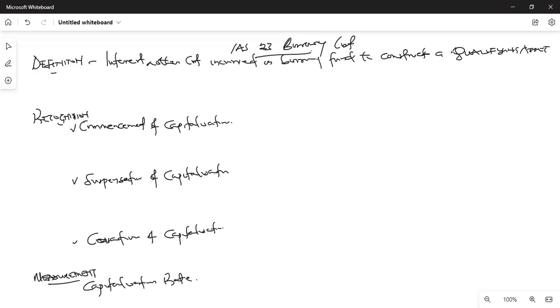What then do we call a qualifying asset?